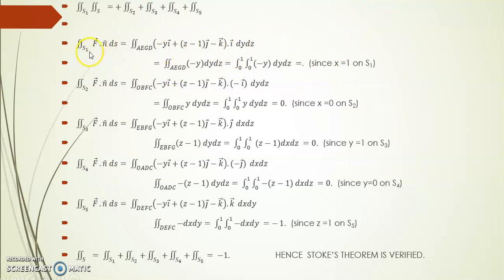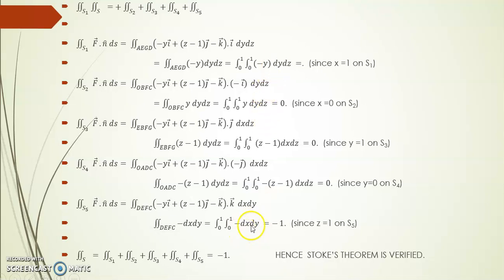So as I told you, S1 will be the X surface, which is the positive side. So I'll be having I vector, and the differential will be dy dz. Whenever I'm considering X surface, the order of differential will be dy dz. Whenever I'm considering Y surface, the order of differential will be dx dz. And whenever I am having z surface, the order of integration will be dx dy, right?